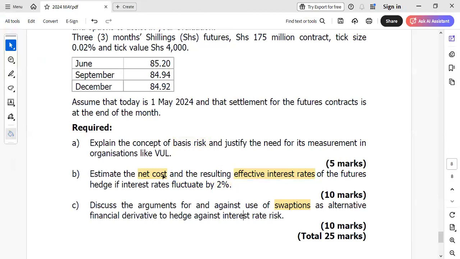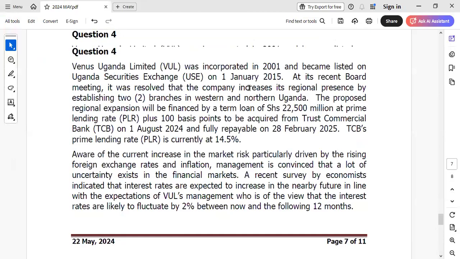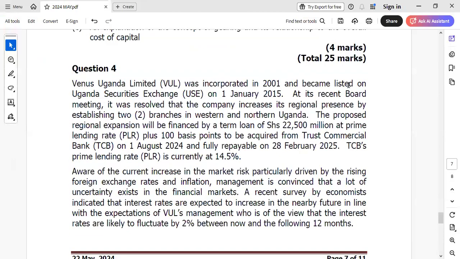So part B, we are to estimate the net cost and the resulting effective interest rates of the futures hedge if the interest rates fluctuate by 2%. What are we given? We are told that VUL was incorporated in 2001 and became listed on the Uganda Securities Exchange on 1st January 2015.